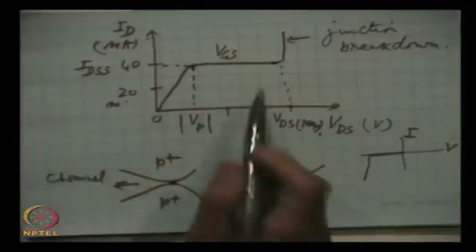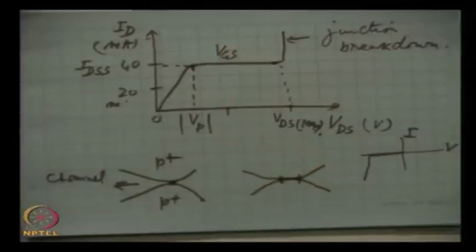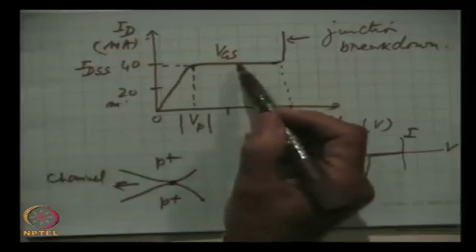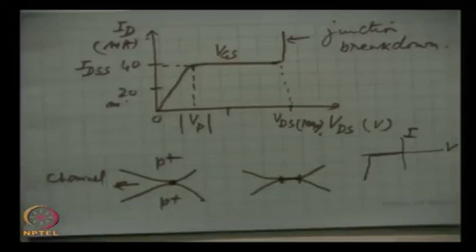What we have drawn are known as the drain characteristics of a field effect transistor. We get more plots when we change the gate voltage from 0 to more and more negative.